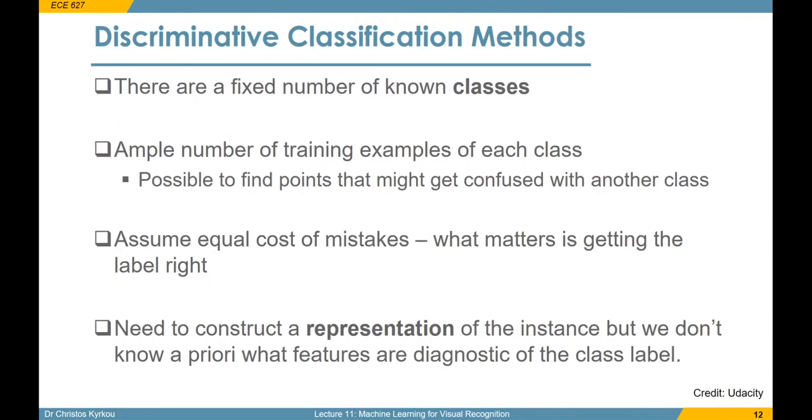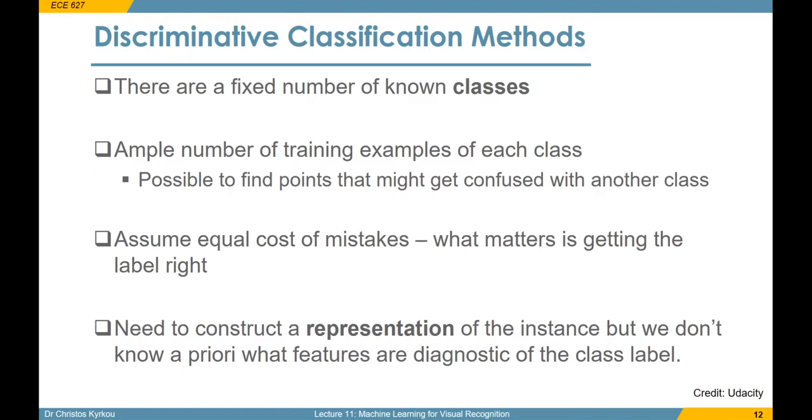Since then, we have developed different models and different approaches. The major limitation of the generative models is that as we increase the feature space, it gets exponentially hard to model and to find good models of data. So for these reasons, people have started to look at discriminative classification methods.